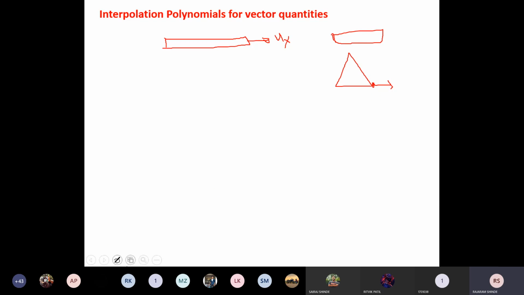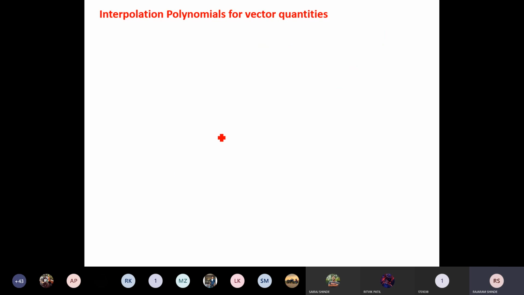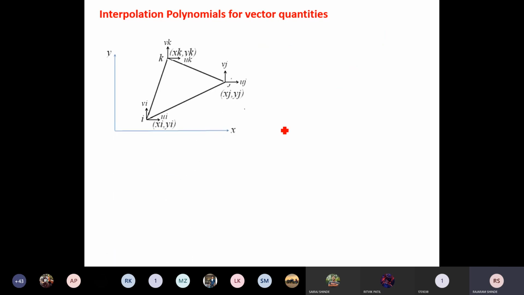Now, if we go for the vector problems, means when we go for the structural problems, you see this element, it is a structural element. Now, when we consider the structural element and the two-dimensional element, then if we consider the nodes, at each node we have 2 degrees of freedom.